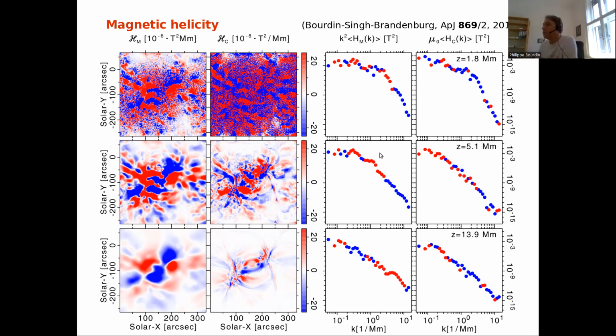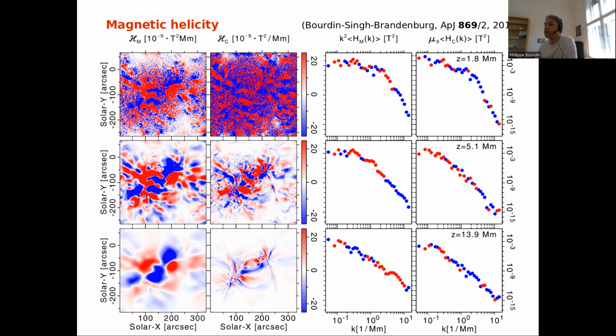The uppermost line here corresponds to about 2 megameters, slightly above the photosphere. Then we have the sign reversals at about 5 megameters, and then at 13 megameters where the sign should have already reversed. On the left columns you see the magnetic helicity density. On the right columns, it's the current helicity.